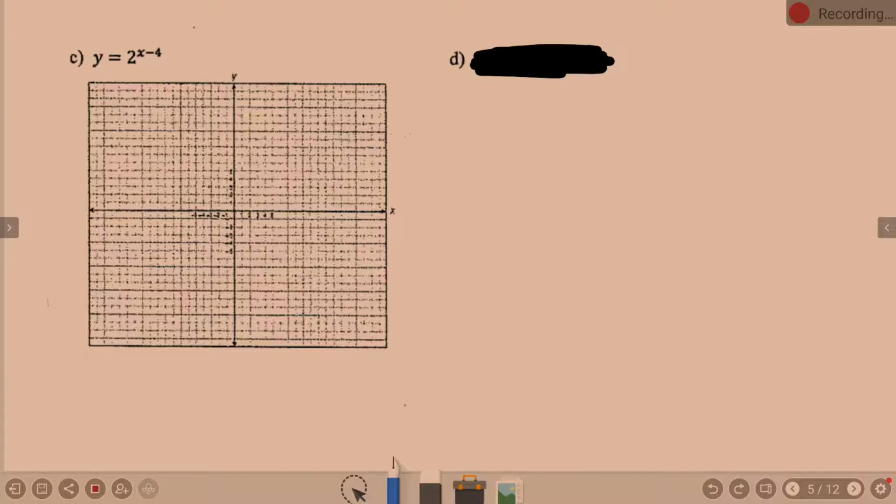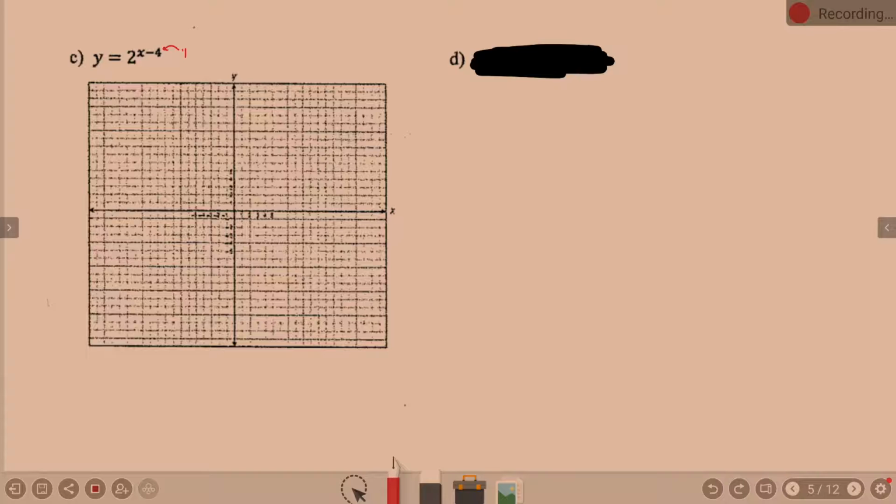Now, as we start looking at this one, y equals 2 times x to the minus 4. What transformations do you see here? Do we agree? She says right 4. It's a minus 4 in with the x.